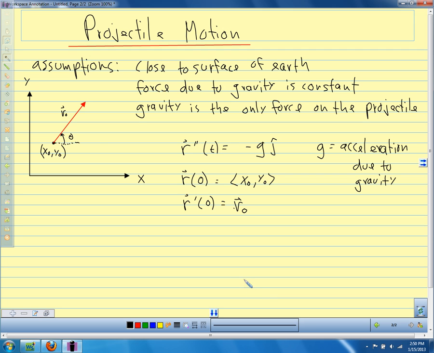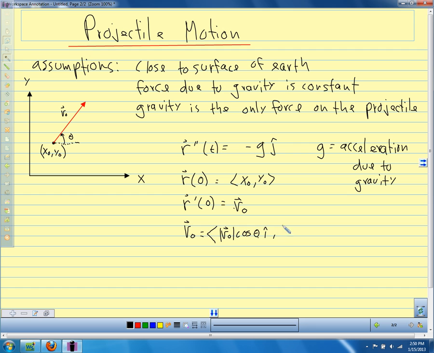Given this angle from the horizontal, we can say that v0 equals the vector, the magnitude of v0 cosine theta i.